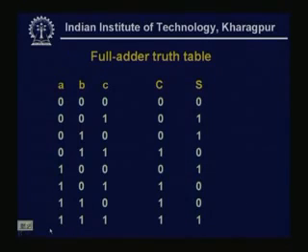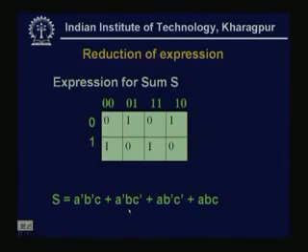So, F1 means that A, B, C are the 3 inputs and the carry is the output, and A, B, C are the 3 inputs and sum is the output, that is my F2. So, again now we draw the Karnaugh map. First we draw the expression for sum.